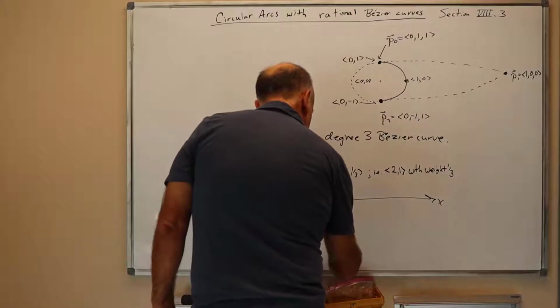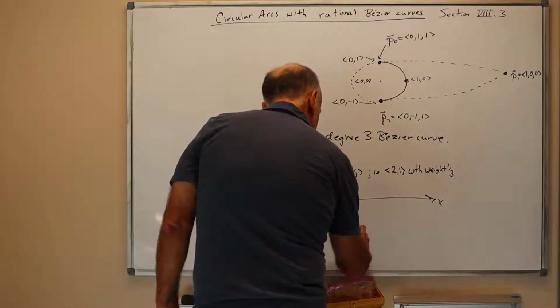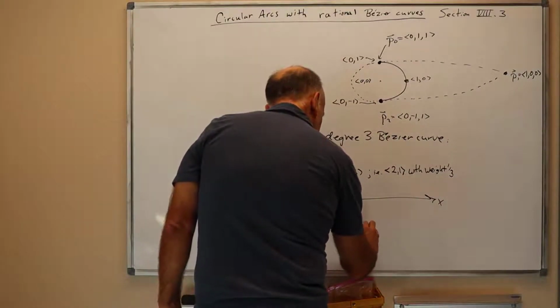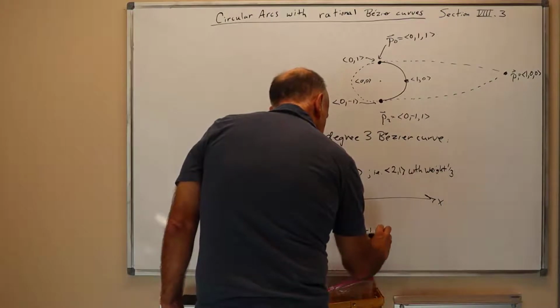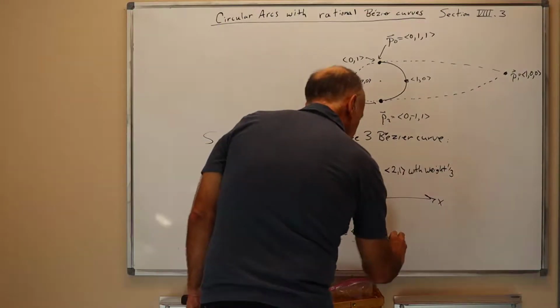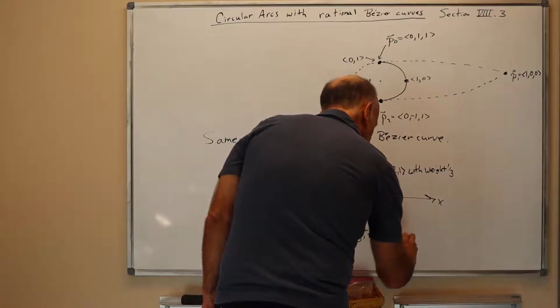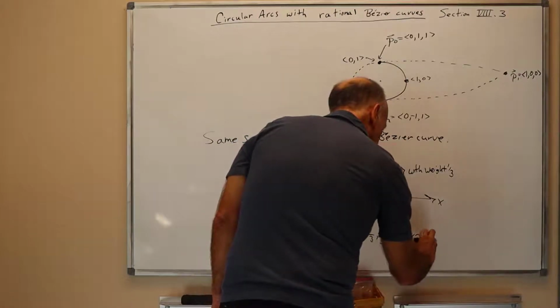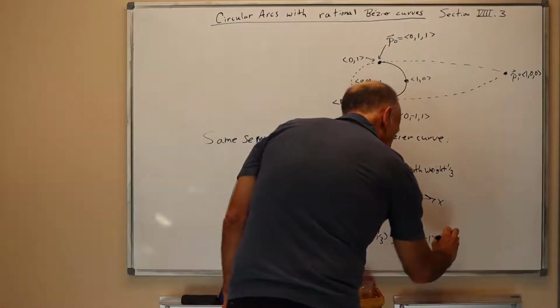And then P2 is 2/3, negative 1/3, 1/3, i.e. 2, minus 1 with weight 1/3.